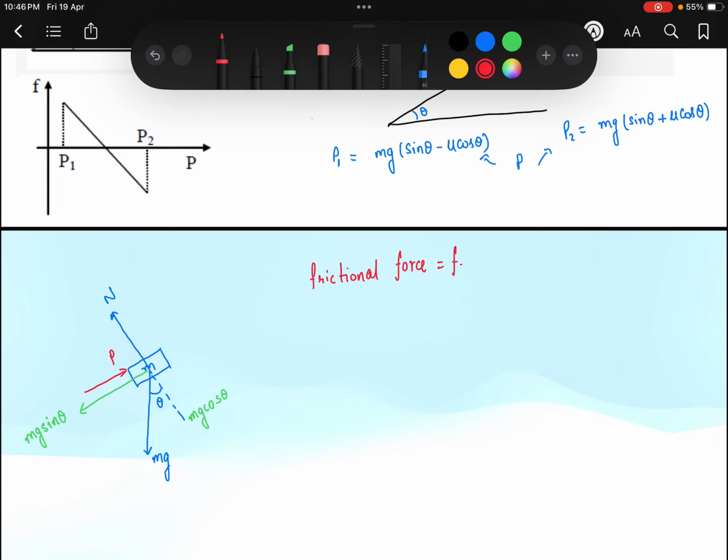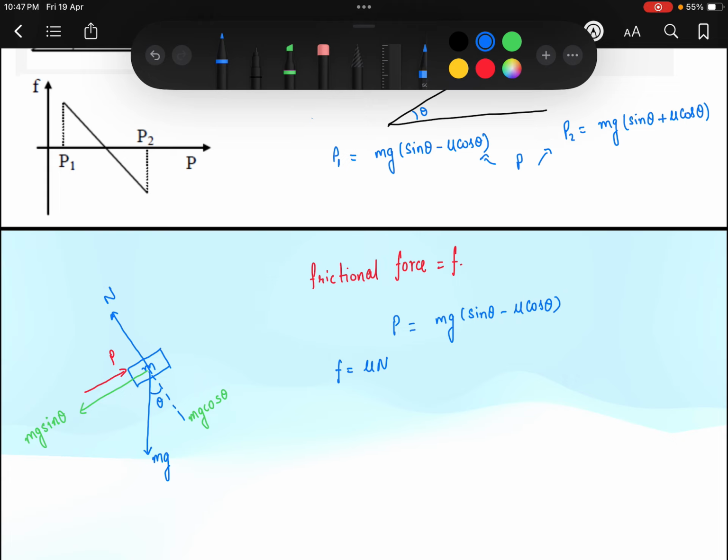Okay, so what we are going to do is, initially let us suppose the value of this P is equal to mg into sine theta minus mu cos theta. Okay, and the value of this frictional force will be equal to mu into N, right?